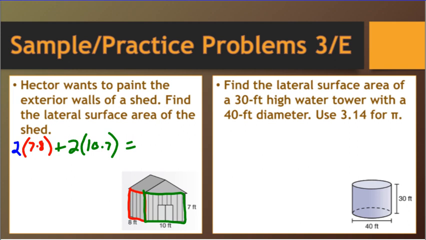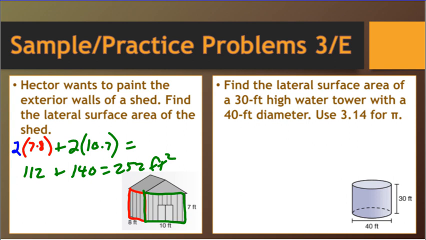So if I add those all up, 56 times 2, I get 112. 70 times 2 is 140. 112 plus 140 gives us 252 square feet for the lateral surface area of that shed.